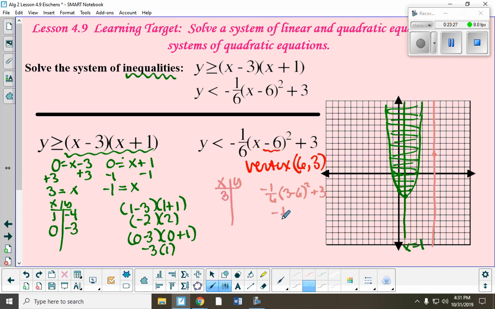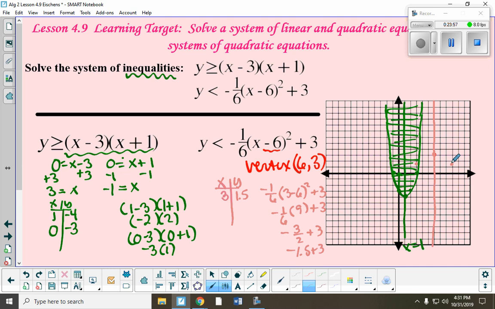This is -3, and if you square that, that'd give you 9, so -9/6, which is -3/2 or -1.5, plus 3, so that's actually 1.5. So if I go over 3, I'm up 1.5. So go over 3 right here.